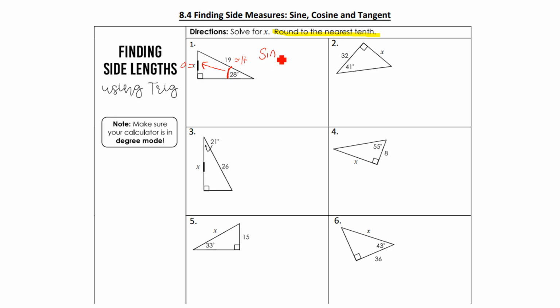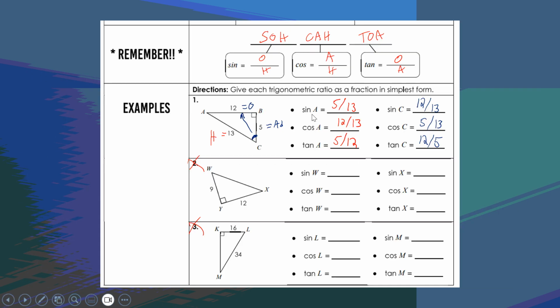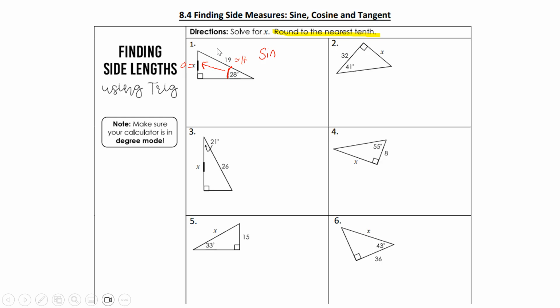Sine of, and then let's backtrack a bit. Remember how we had A, C? Those represented angles. Your inputs on these functions are angles. So now I actually have a number for an angle. So I could just say sine of 28 degrees equals opposite over hypotenuse, so x over 19.